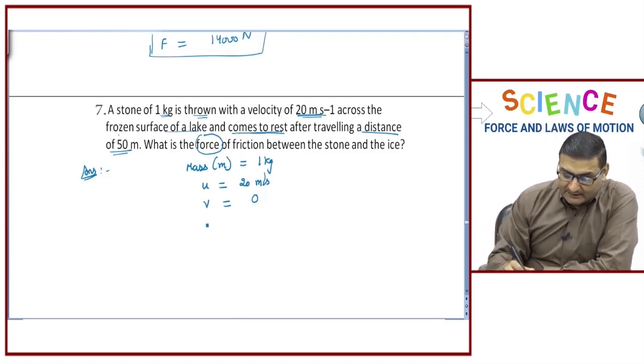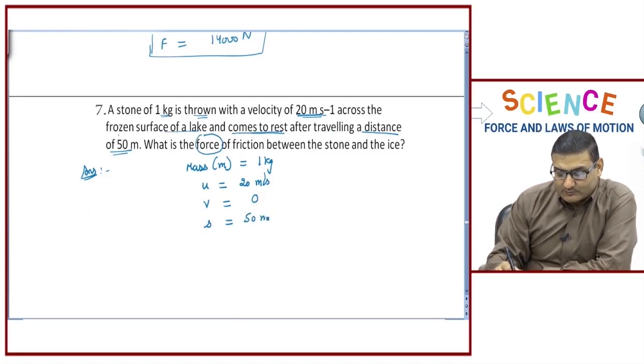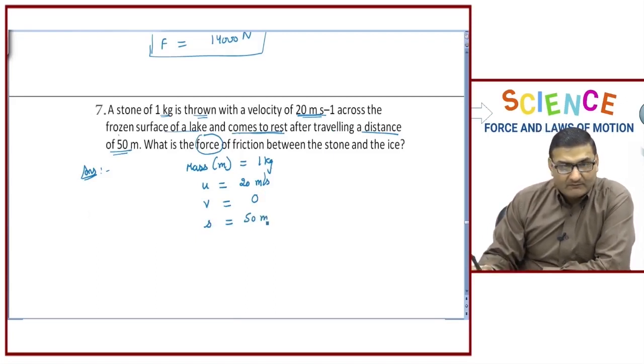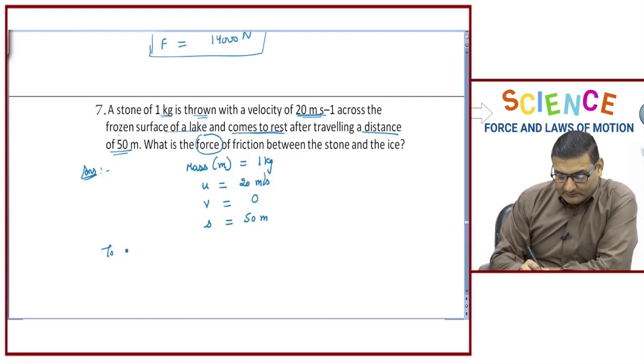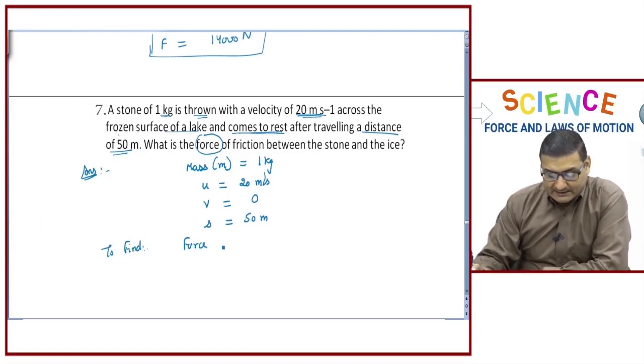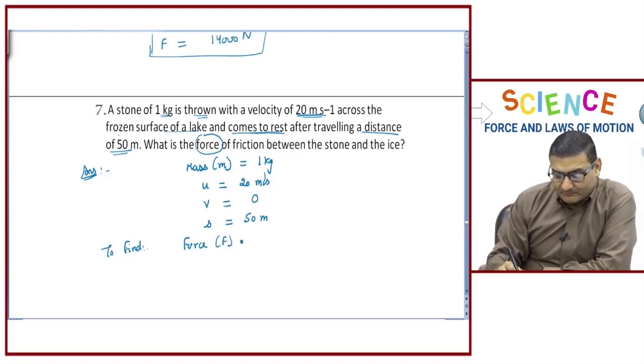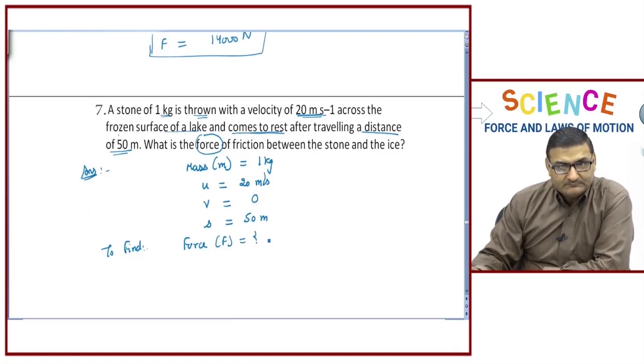After traveling a distance represented by small s, the distance is 50 meters. We need to find the frictional force between the stone and the ice. This force we need to calculate, right?